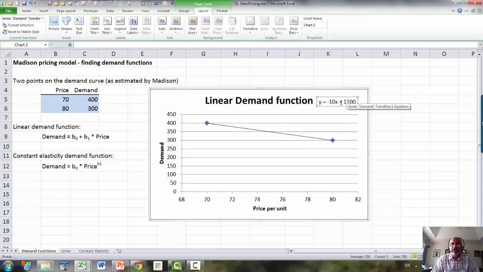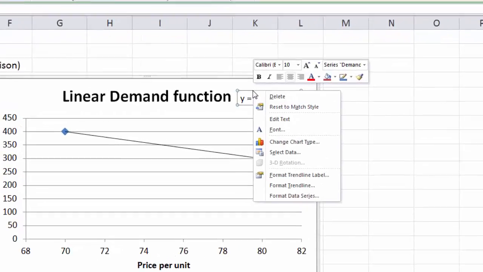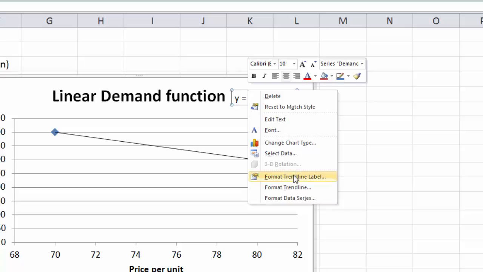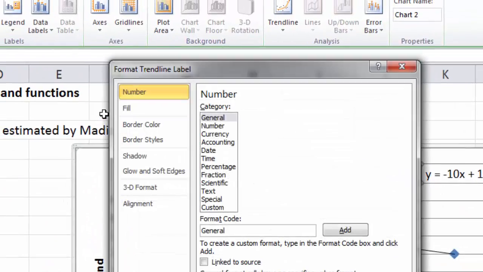We want to make sure that we have sufficient decimal places, because we don't know whether it is 10 or 10.56 or 10.57634 or whatever. To increase the decimal places, select the box, right click, and go to Format Trendline Label.